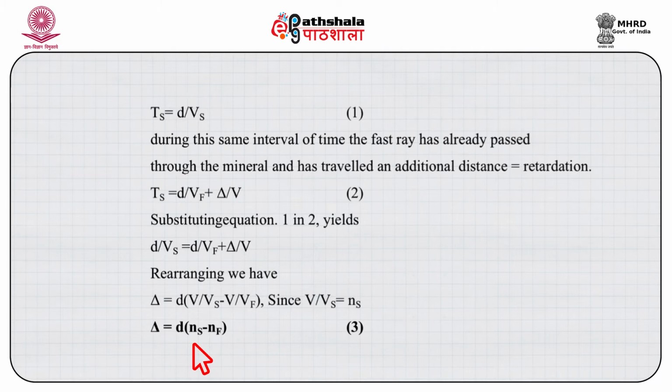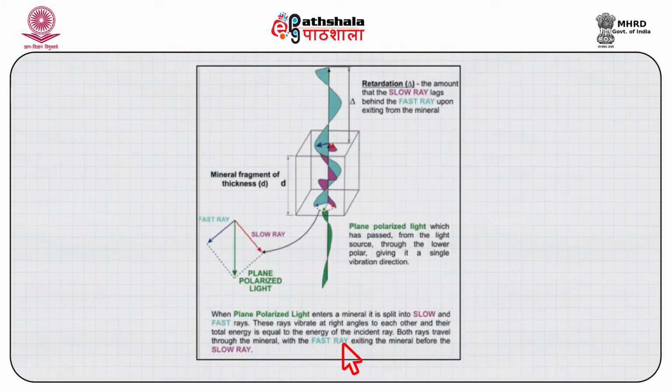Other directions will show maximum birefringence, but most of the directions will show an intermediate value. Maximum birefringence is characteristic for each mineral, and that can vary depending upon the wavelength of the incident light which is passing through the crystal. Here you can see a diagram showing the development of retardation in anisotropic minerals.